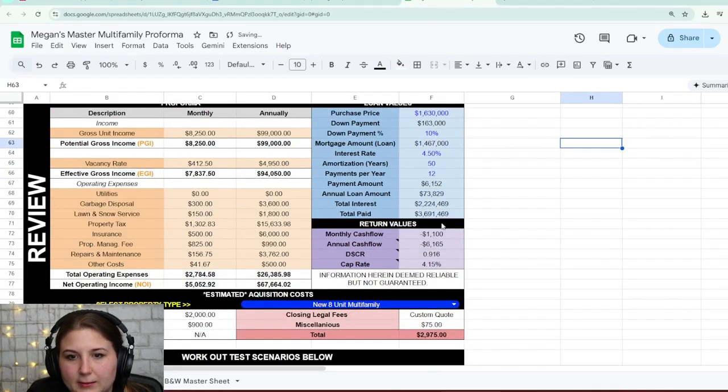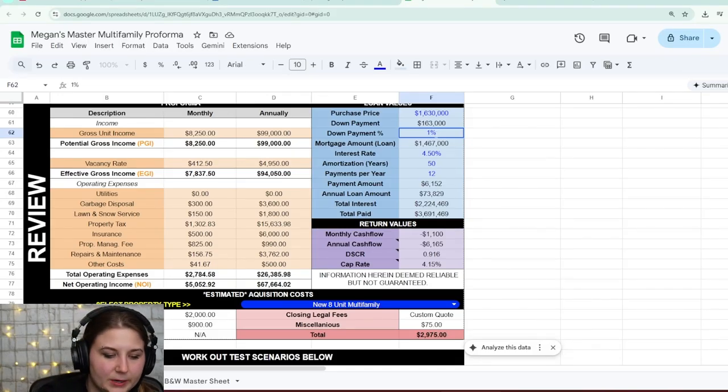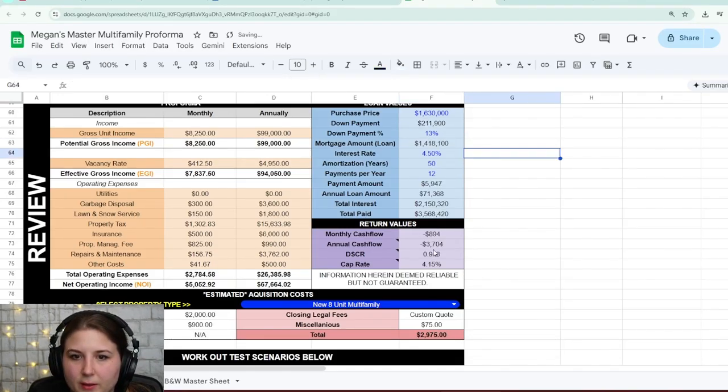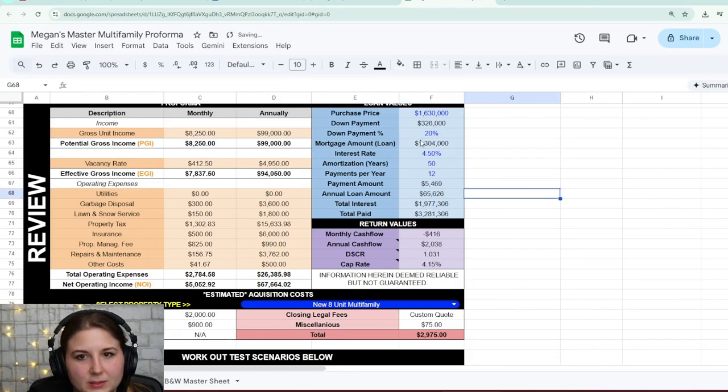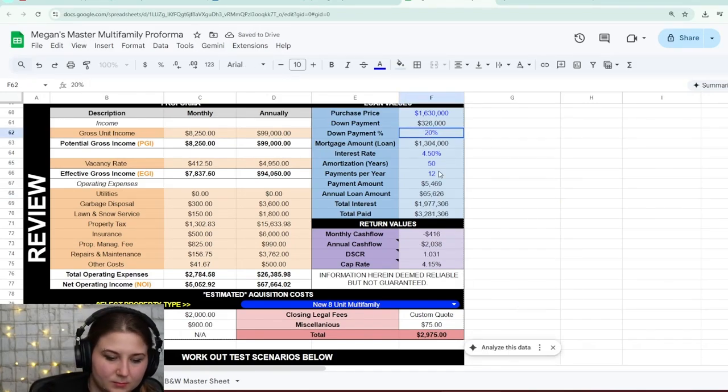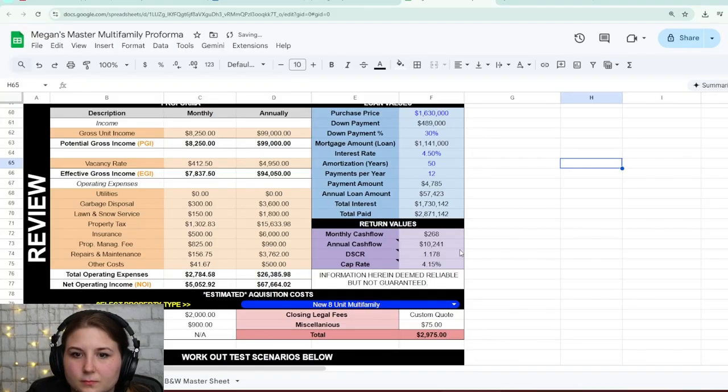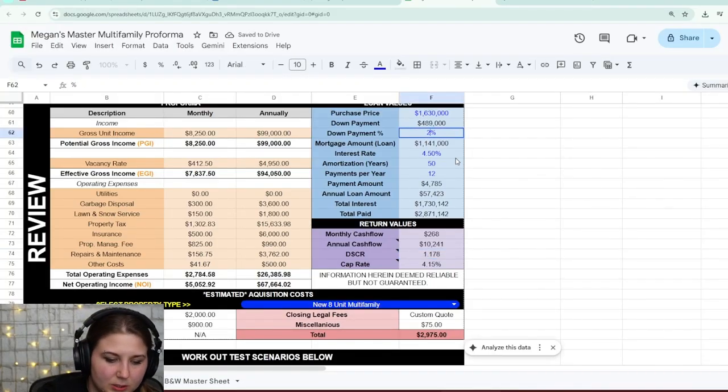So if you're looking at this, basically what you do is just keep playing with the amount down until you hit that 1.1. Still no. Still no. God damn it. That's a touch high.